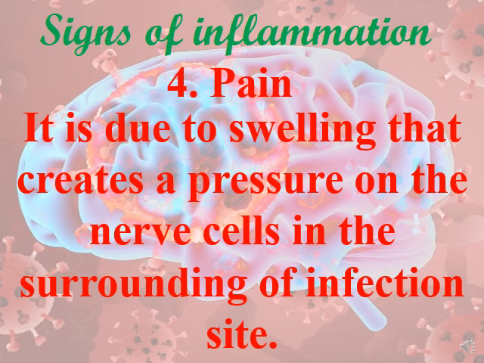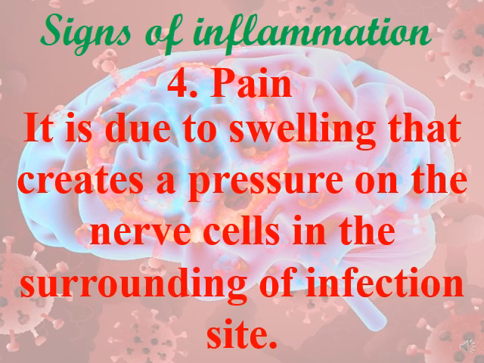So till now we have 4 signs. The first sign is the redness, which is due to the dilation of the blood vessels and the flow of more blood to the site of infection. Number 2 is the heat, due to the dilation of the blood vessels and the fast flow of the blood toward the site of infection where the immune response starts.